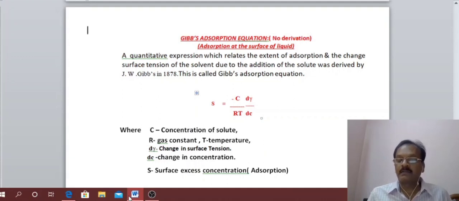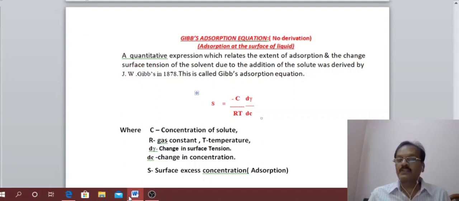This refers to positive adsorption. Whereas in negative adsorption, if we add a solute to the liquid or a solvent, the concentration of the solute is more in the bulk of the liquid than at the surface. Therefore, there is a change in the surface free energy of the solvent, which causes a change in the surface tension of the liquid in the presence of a solute.